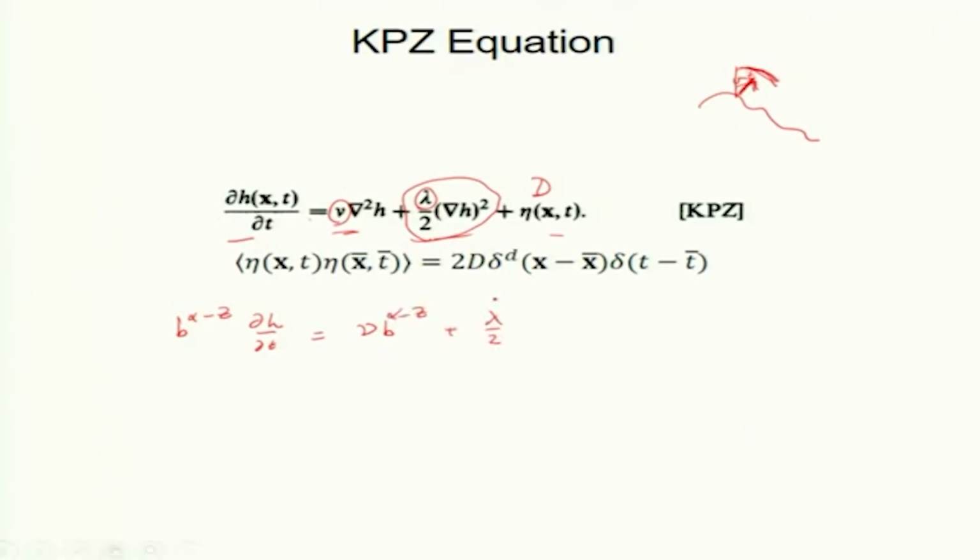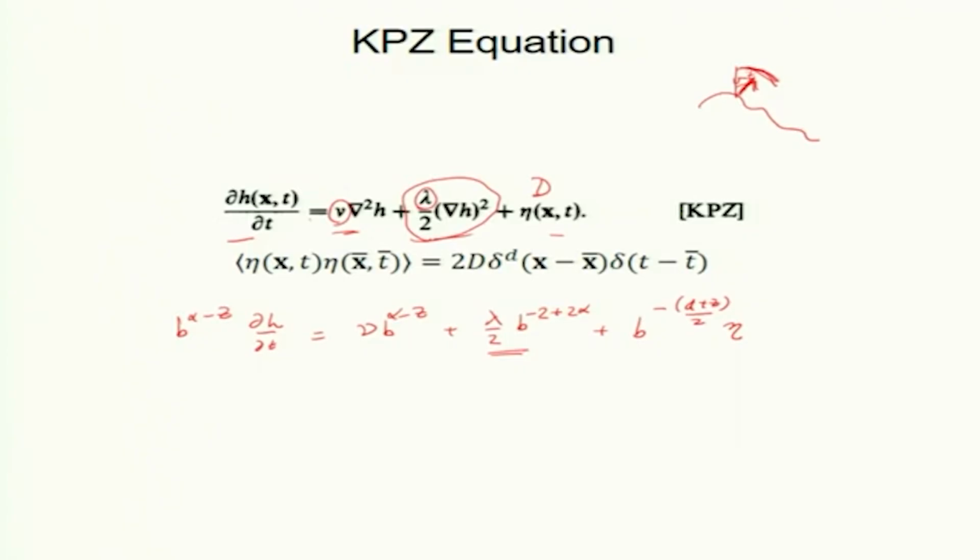Grad gives me 1 by length, so b to the power minus 2, and h squared gives me 2 alpha. The noise term gives b to the power minus d plus z by 2, same as before, except I got a new term here.